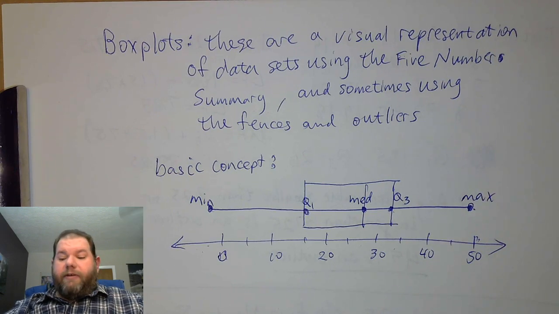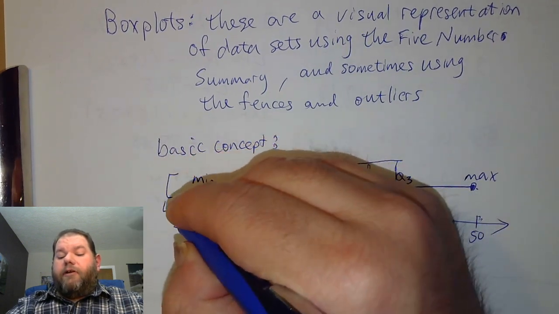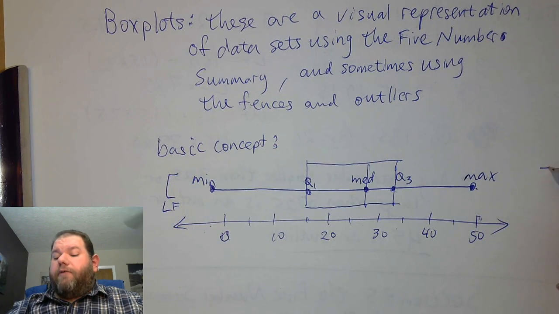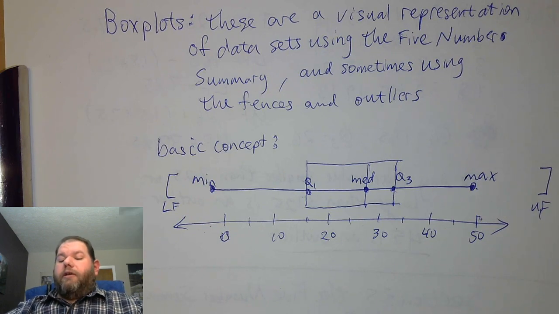But that's the basic setup. If we know what our fences are, we could also include the fences, like maybe our lower fence here. We'll draw a bracket, and then we'll draw a right bracket over here for the upper fence. And if there are any outliers, we would mark them with an asterisk.